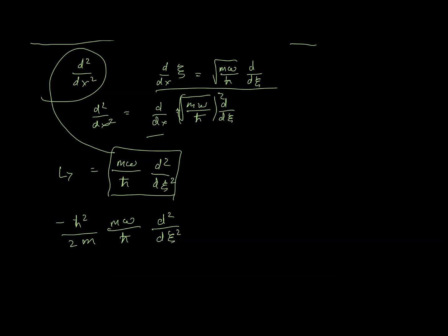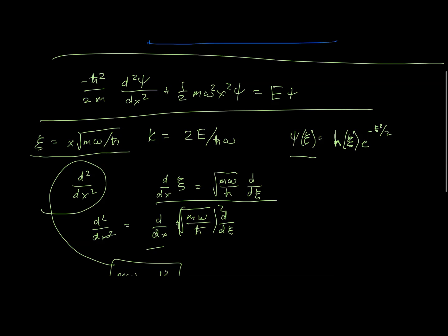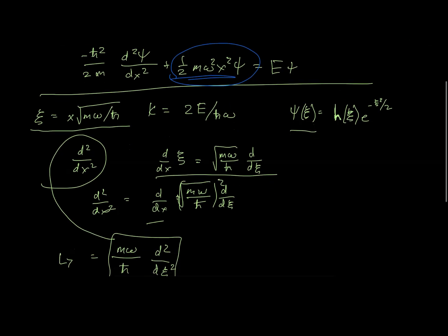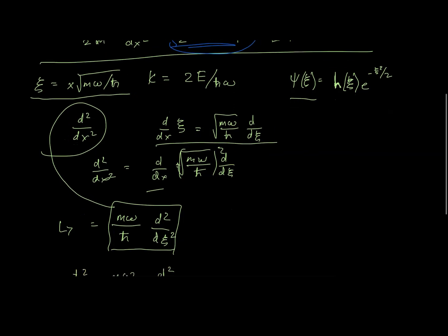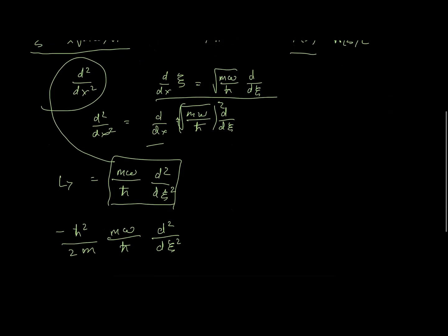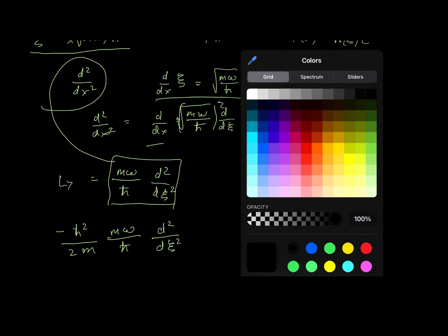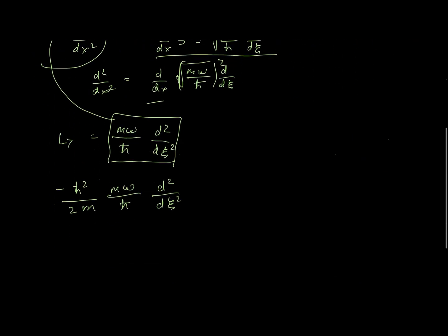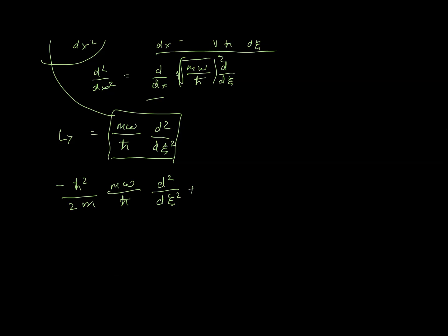Now we have it in terms of our xi instead of x, but we have to replace this middle term with our xi here. So we can pull out the 1/2 m omega squared, just to make it easier. Plus, and this is psi here. Okay, we're just going to leave it as psi for now. We're not going to fill in the psi yet.